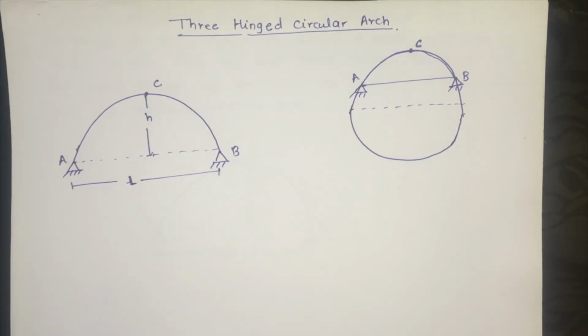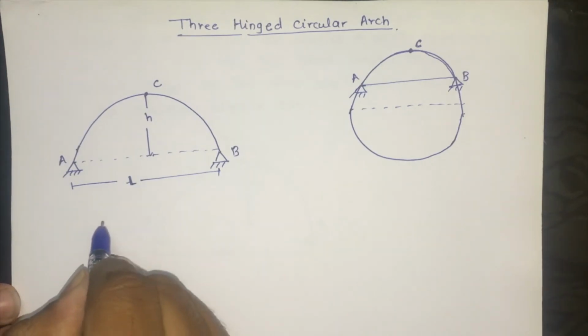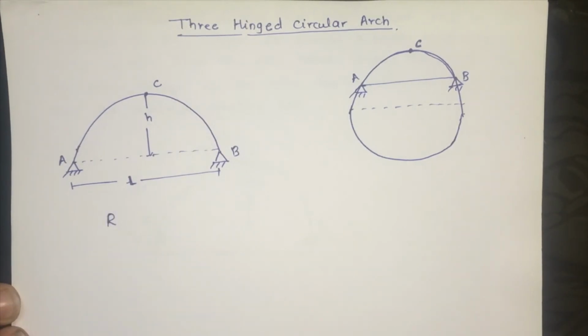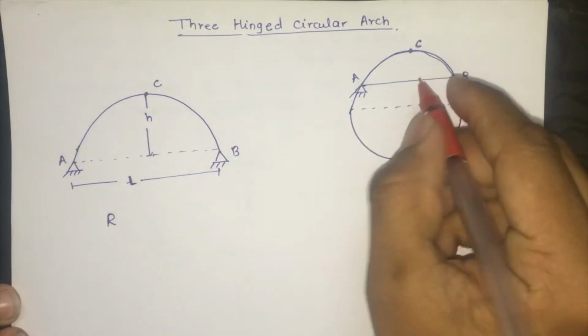Before starting the analysis of this 3 hinge circular arch, we have to know some formulas. First formula we require is the radius of this circular arch. So we have to find out the radius of the circular arch. Suppose this is the circle.